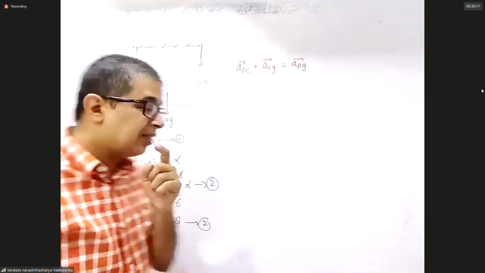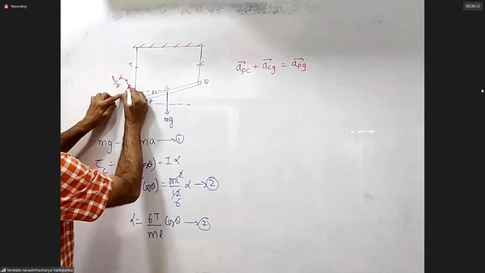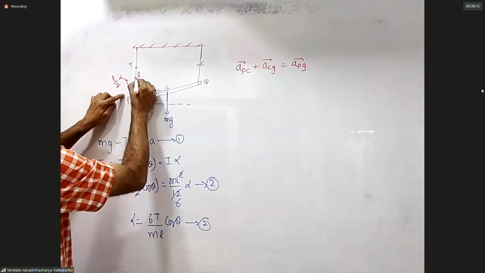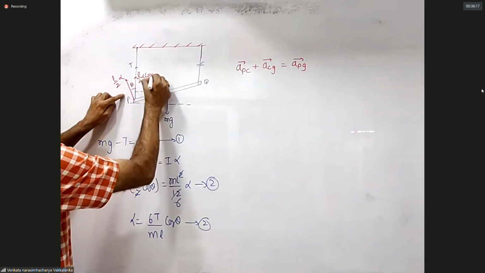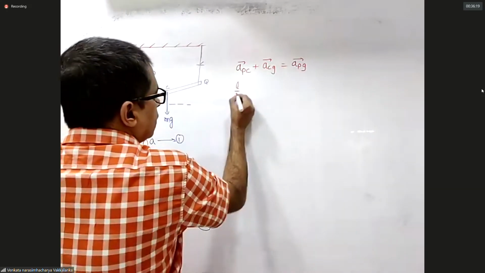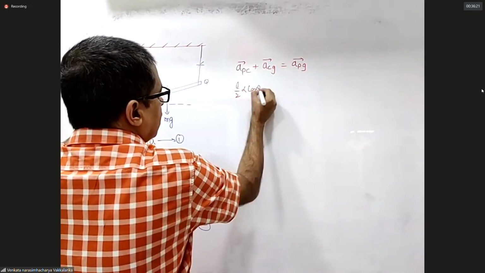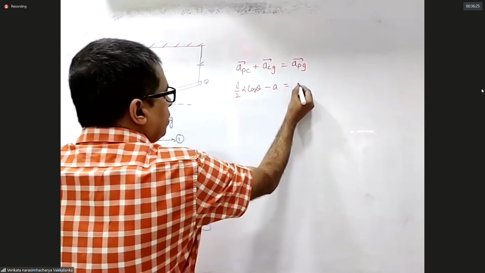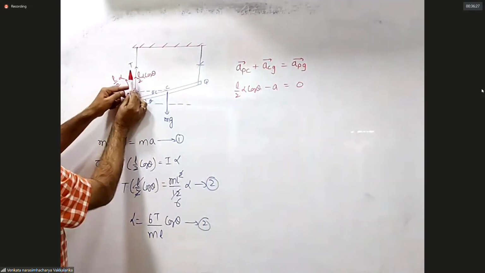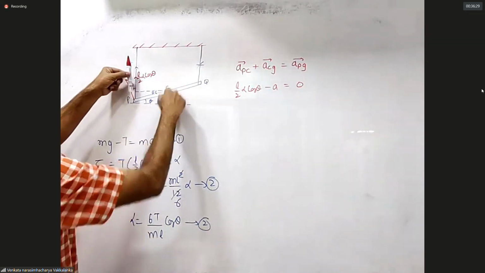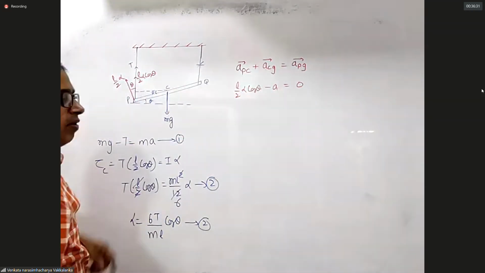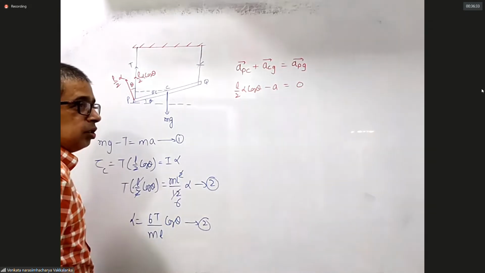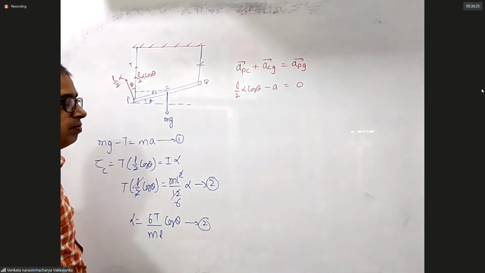If this is theta, this is theta. This will be L by 2 alpha cos theta. L by 2 alpha cos theta minus 0 should be equal to 0. L by 2 alpha cos theta is upwards, A is downwards. So L by 2 alpha cos theta minus A should be equal to 0.